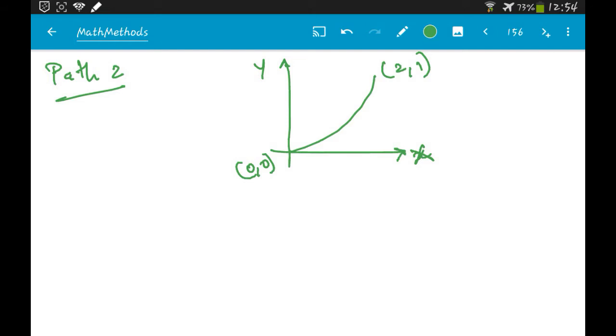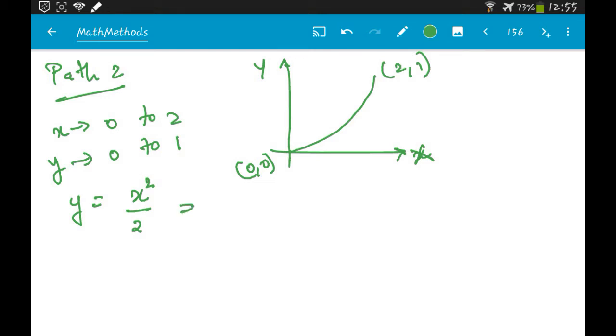So x goes from 0 to 2 and y goes from 0 to 1, but this is a parabola. So you are going to write y is equal to x square by 2. Okay. So this is your equation of the parabola. So therefore dy will be given by 2x dx by 2, which is x dx. Okay.